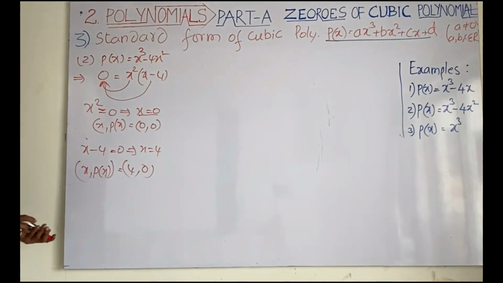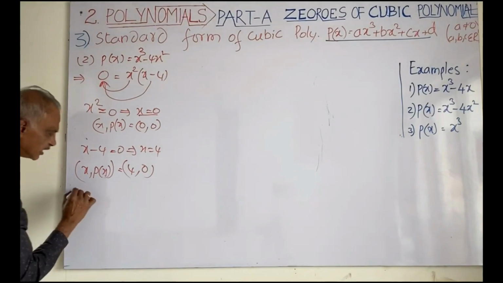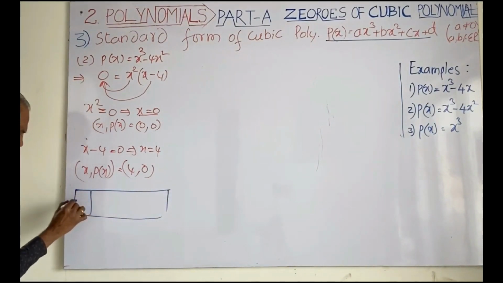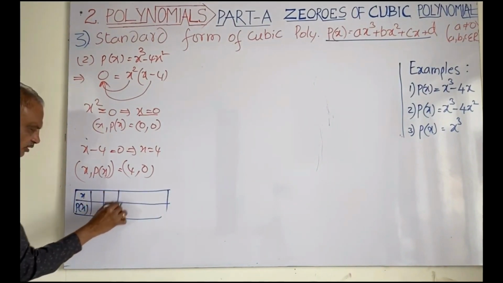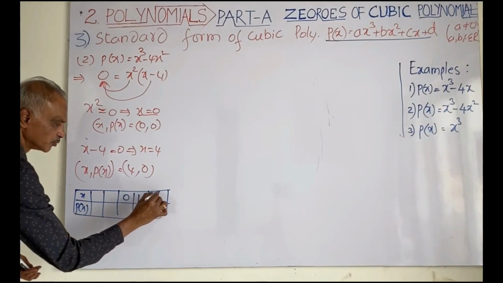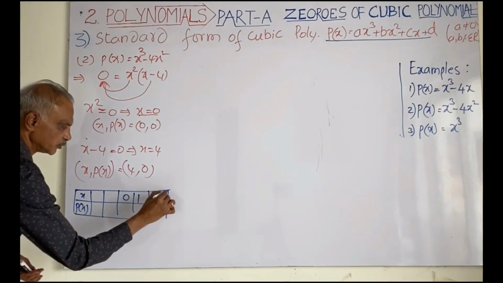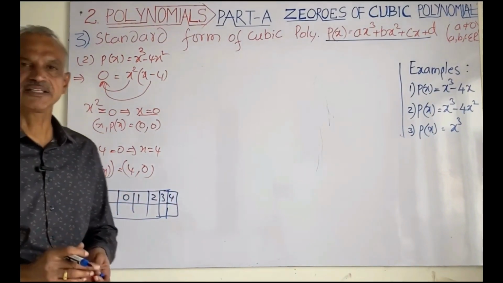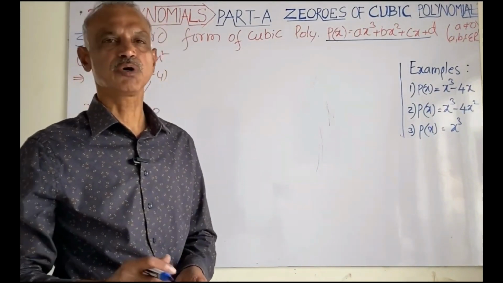Now we will prepare a solution set here itself, so that it is very easy for you. This is x, p of x. Say I am taking 0, 1, 2, 3, also you take 4. For our convenience, we are finding the zeros of the cubic polynomial.